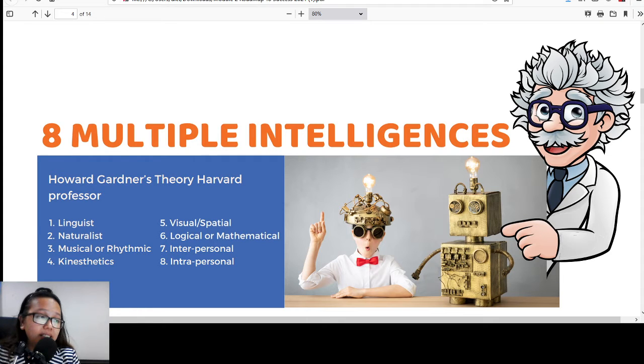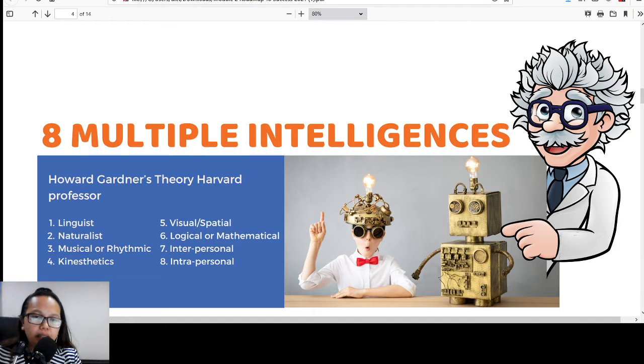The characteristics, people with logical mathematical intelligence have excellent problem solving skills. They enjoy thinking about abstract ideas, like conducting scientific experiments, and they can solve complex computations. These are like the math wizards. The potential career choices: scientist, mathematician, computer programmer, engineer, and accountant.